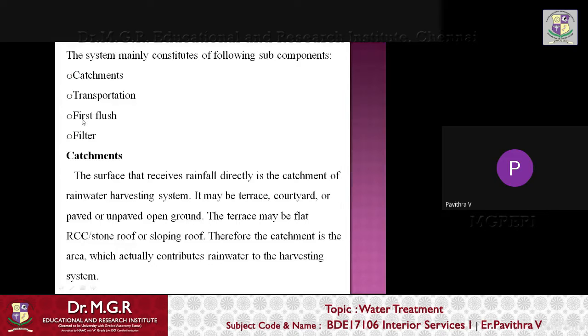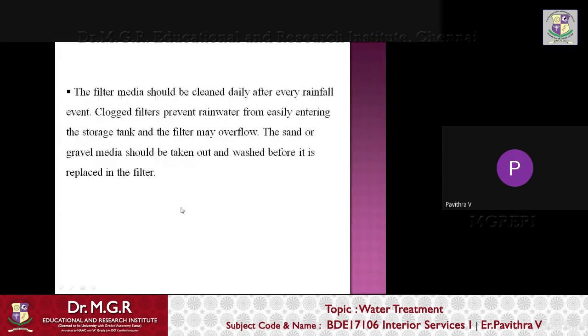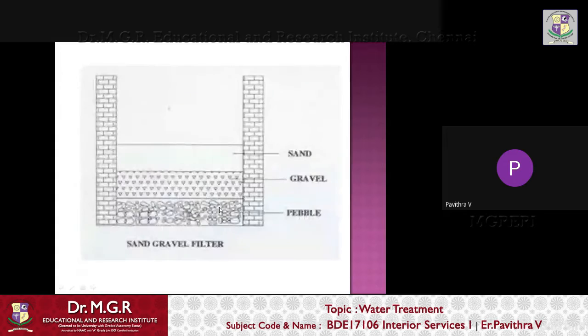Coming to the filter medium, we had seen different types. The first type is the sand gravel filter. I will move on to the next topic.